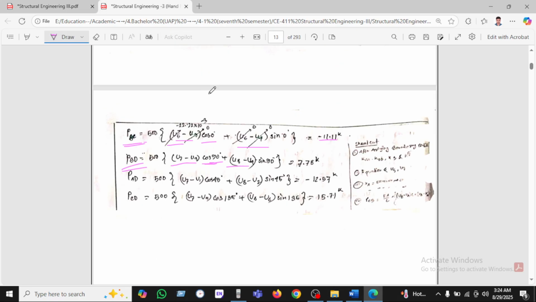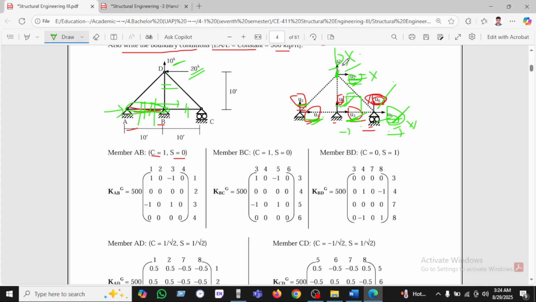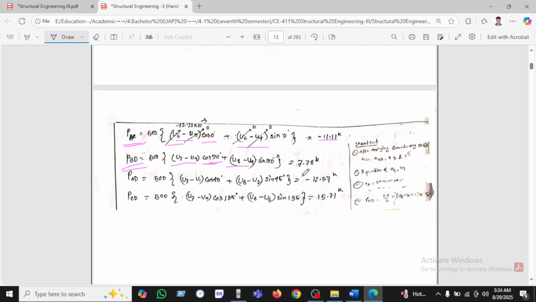And U8 minus U4, which is vertical, taking sin 90 also. After calculating, we find 7.75. In this case, we found 7.75.